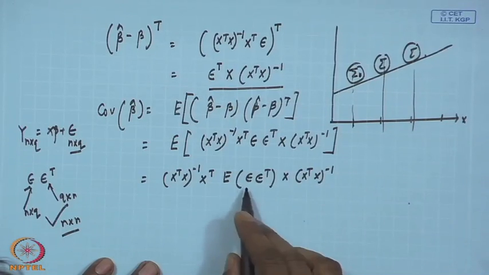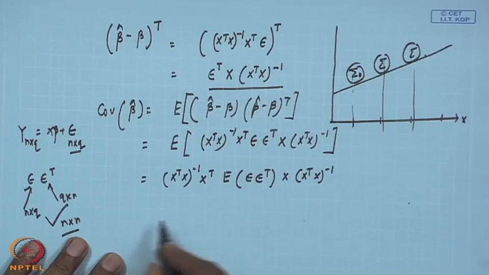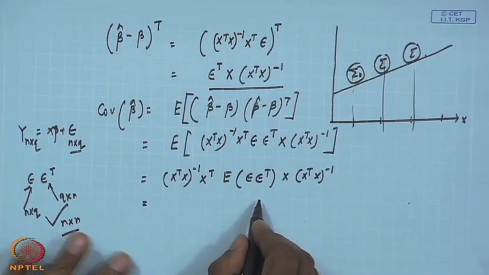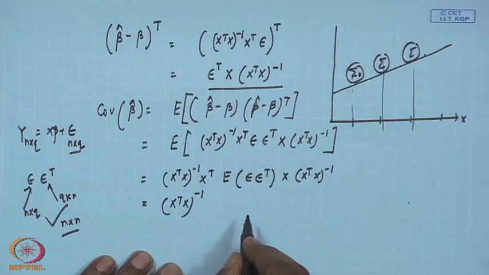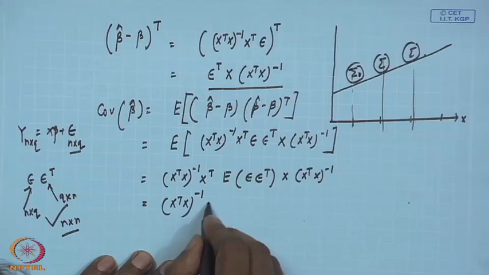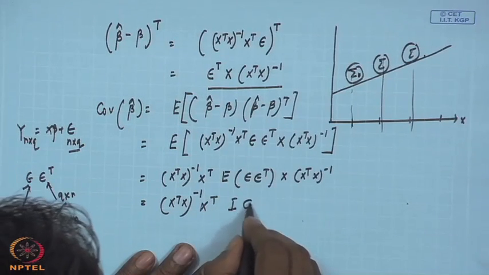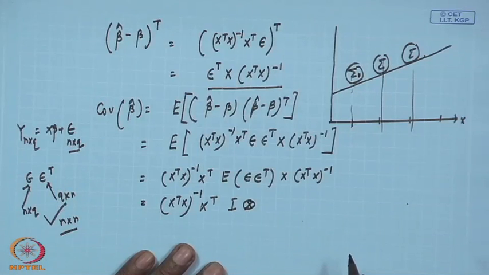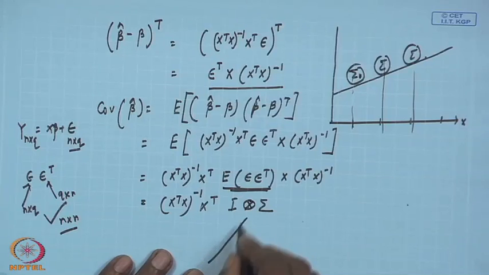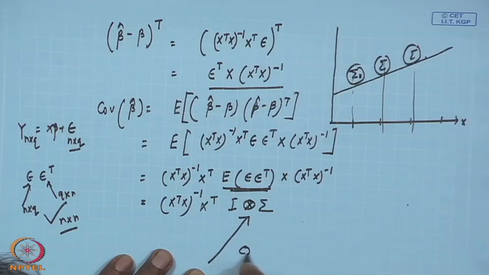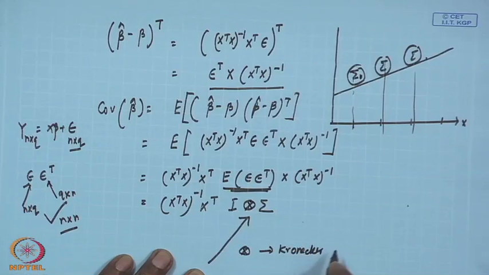So, ultimately this quantity will become like this: X transpose X inverse X, then this one will become into I. There is one operator called Kronecker, so this symbol is known as Kronecker product.